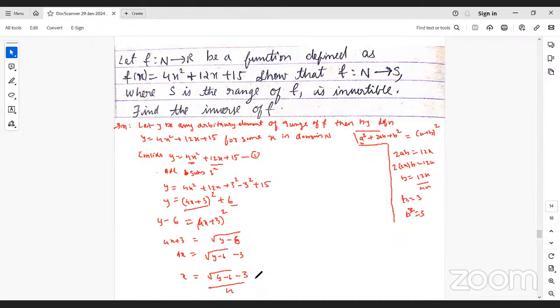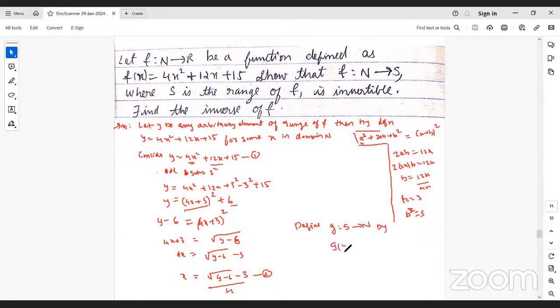And this will be our equation number 2, and using this equation we need to define g. So here we are defining g from S to N, range into domain. Define g from S to N by making use of equation 2.